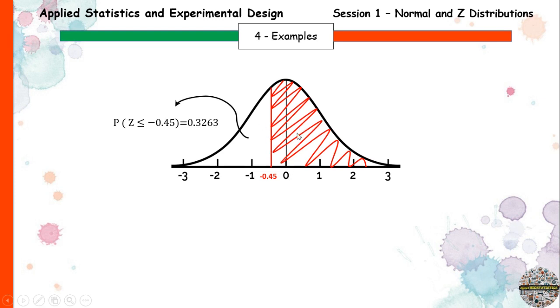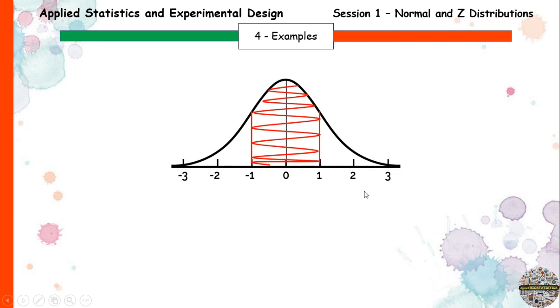And as the area under the curve is 1, we can simply calculate the probability for this area by subtracting this value from 1, and we can get the probability of this area, which is 0.6736.